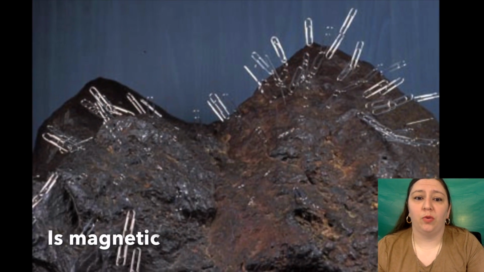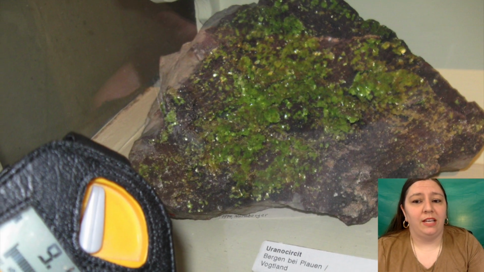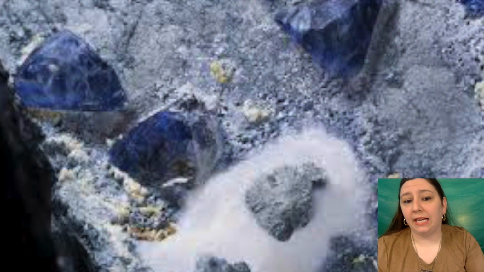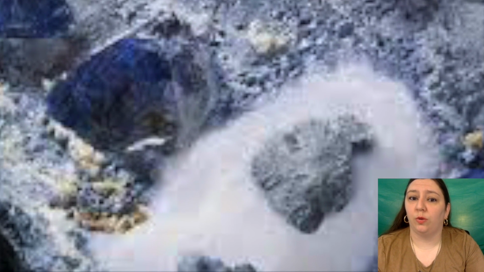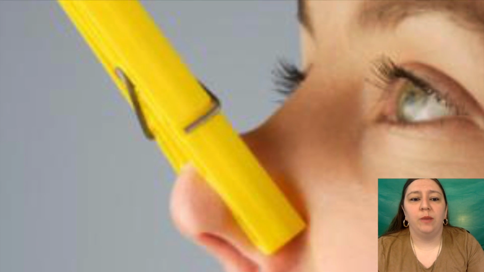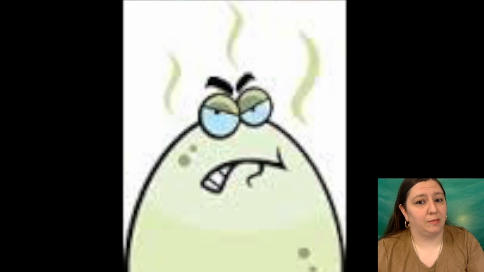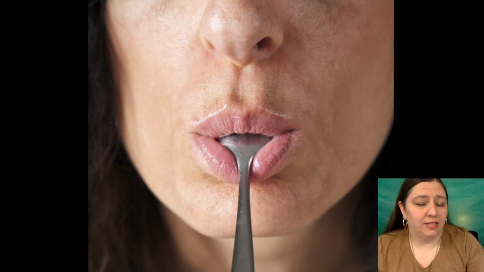Magnetism, the mineral will be attracted to a magnet. Radioactivity, the mineral gives off radiation that can be measured with a Geiger counter. Reactivity, it'll tend to bubble when the mineral is exposed to a weak acid. Smell, some minerals give off a distinctive smell, especially something like sulfur. Or even taste, some minerals tend to taste salty.